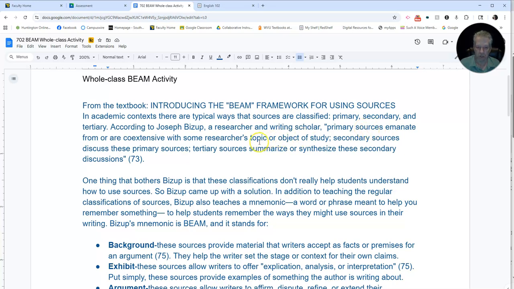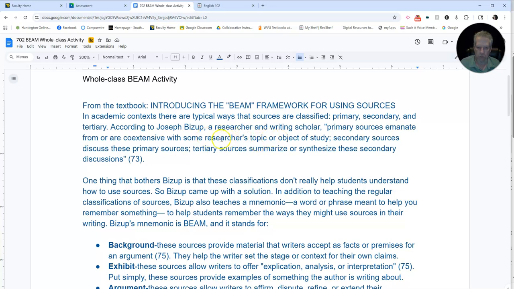Now, let's say somebody else takes his primary source and uses it as a source to write their own paper, maybe another scientist or more of an expert, who writes a journal article about what that primary source discovered in his or her research.